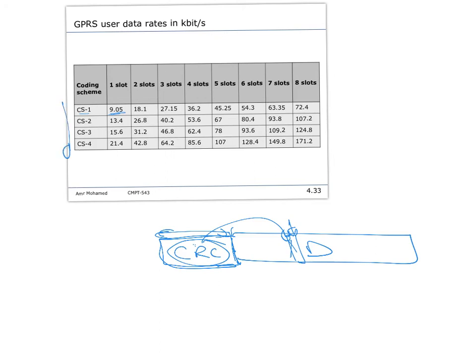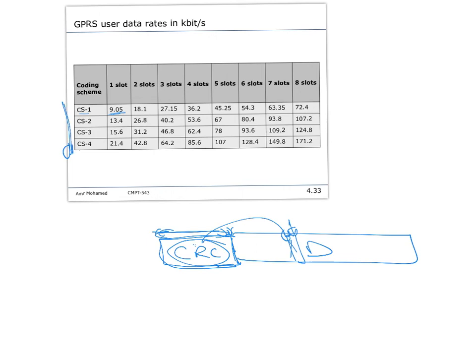So that's what this here explains. From coding scheme 1 to coding scheme 4, the amount of error combinations that you can correct gets lower and lower, which means that these redundant bits, in terms of size, get lower, which means that you can get higher bit rates, because these redundant bits consume some overhead.